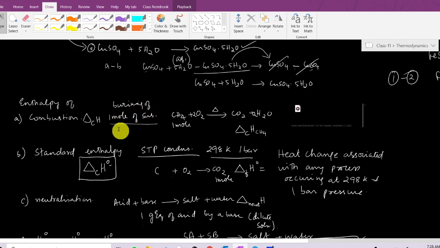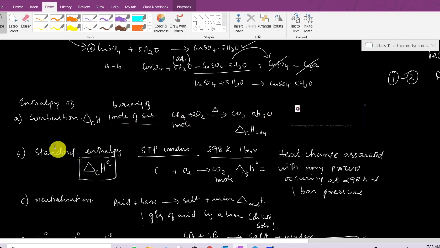So if you take 1 mole of a substance and burn it, whatever heat is associated with that will be called the enthalpy of combustion. For example, CH4 plus 2O2 gives CO2 plus 2H2O. You take 1 mole of this substance, you burn it, you get the products. The enthalpy change associated with this reaction will be called the enthalpy of combustion.